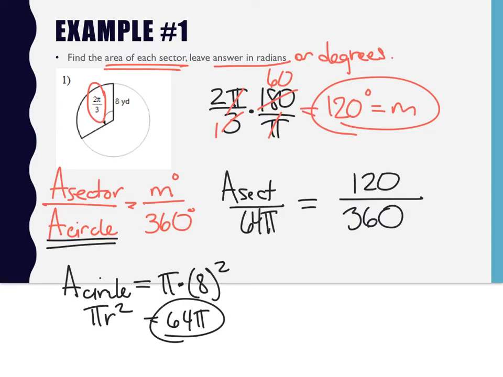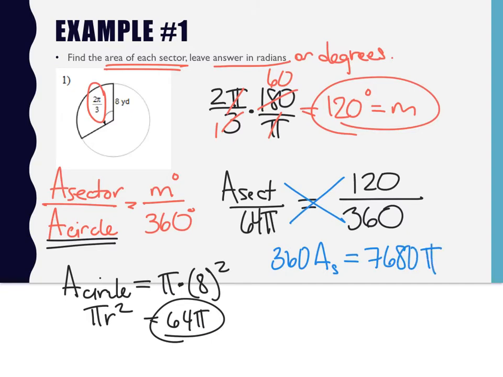All right, let's cross multiply because we're trying to find area of the sector. So 360 times that area of the sector, I'm just going to put A with the little s down at the bottom, equals 120 times 64 pi. I'm going to do straight math this time, and then we'll talk about places where you can simplify and reduce to make your life easier. So 64 times 120 turns out to be this huge number, and the pi symbol is still there.